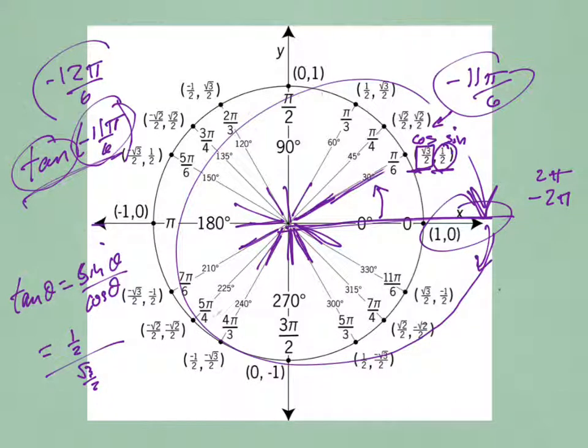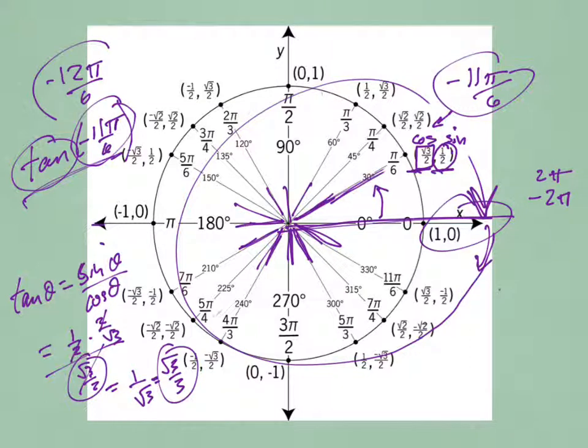And how do you divide by a fraction? You multiply by the reciprocal. So I flip this up and do that. And then the 2's cancel. So it just equals 1 over √3, which is the same as what your teacher might want you to write as √3 over 3.